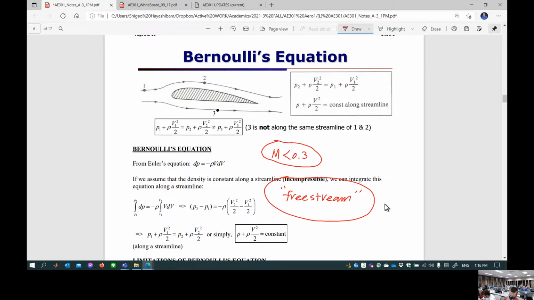Oftentimes, infinity is associated with this. What is infinity? It's infinitely away from the presence of the actual model in the wind tunnel, ideally speaking. So this is the undisturbed test section airspeed. It's called the free stream of a wind tunnel. Free stream is an important concept, yet probably no one has explained it in detail in fluid mechanics. So today is the day.